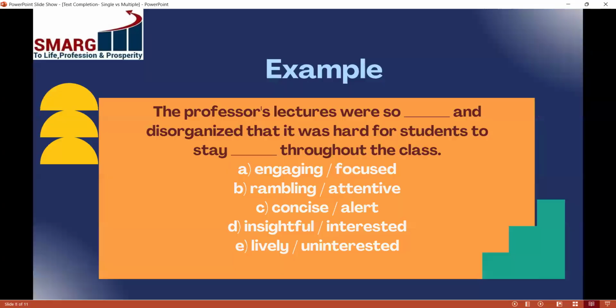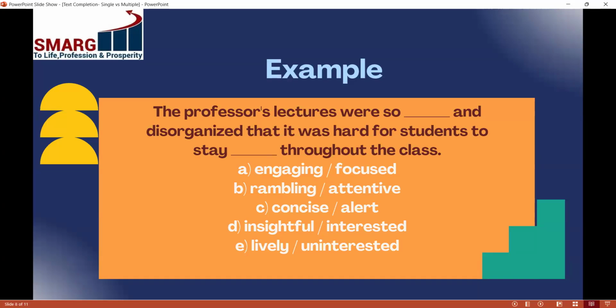So now we'll be solving questions again. The professor's lectures were so dash and disorganized that it was hard for students to stay dash throughout the class. And now you have 5 combinations in front of you.